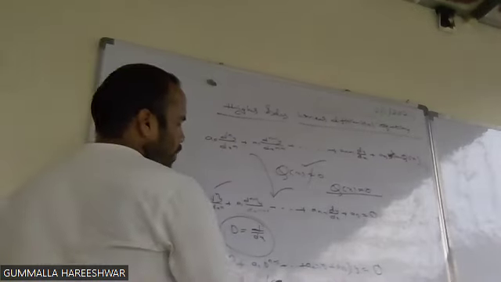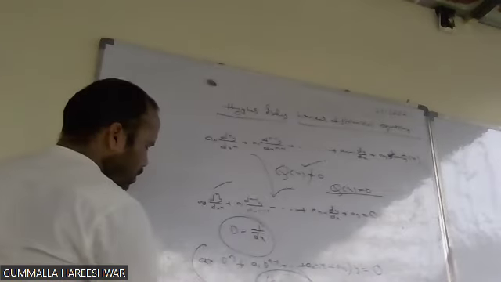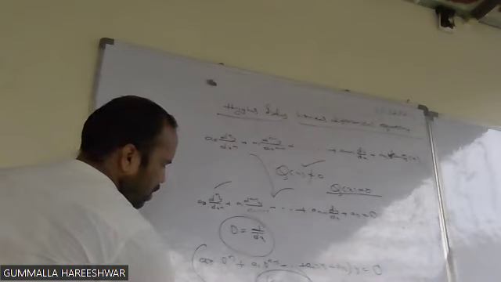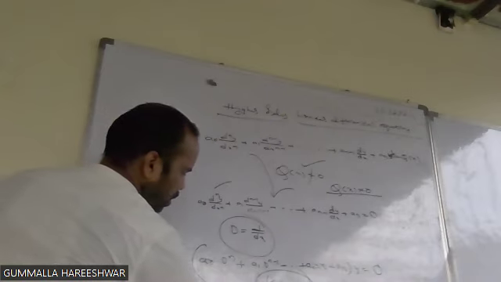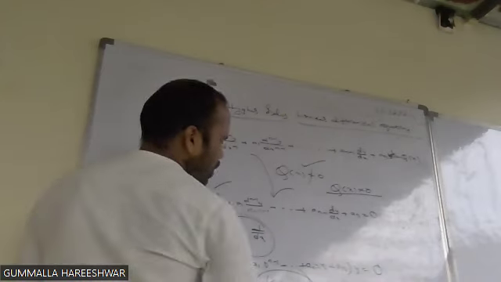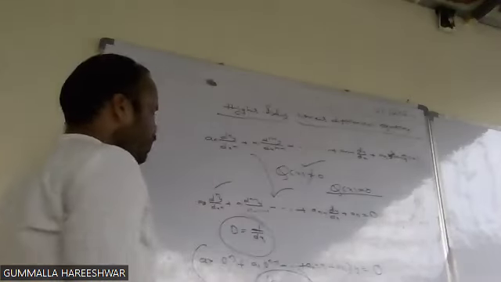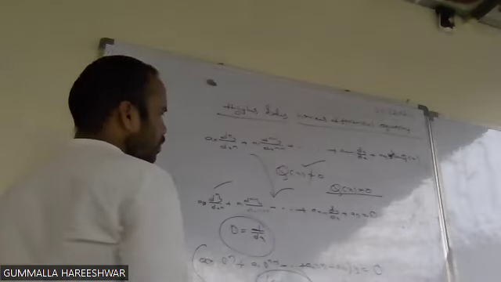Now, after writing the operator form, we can write the auxiliary equation. The auxiliary equation is f of m is equal to 0. In place of D, you write m.